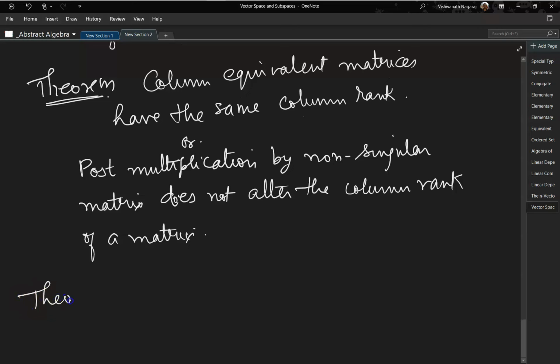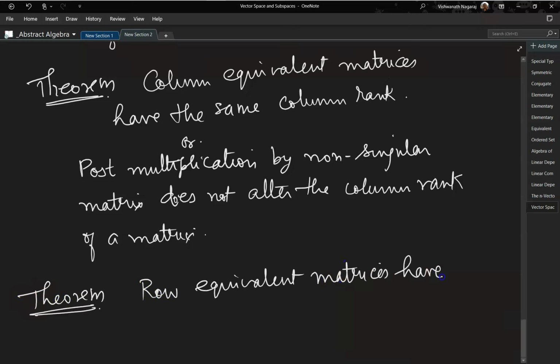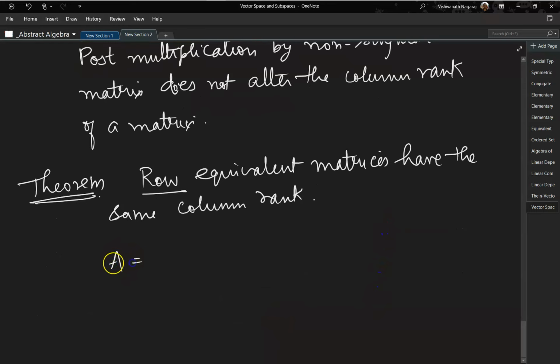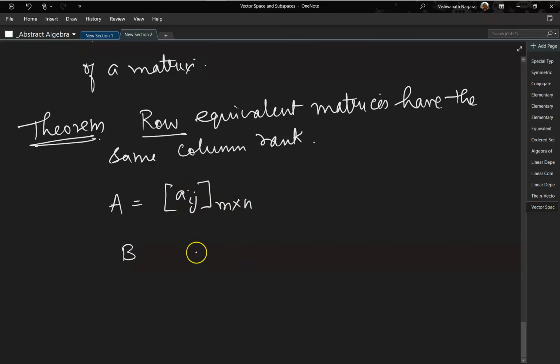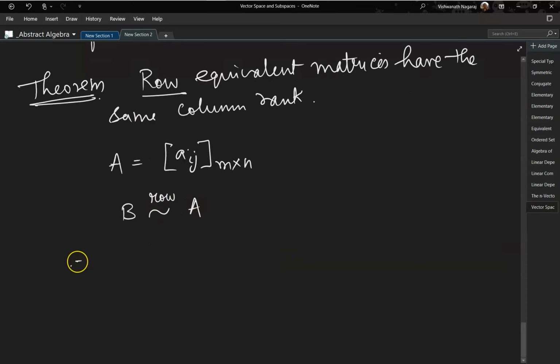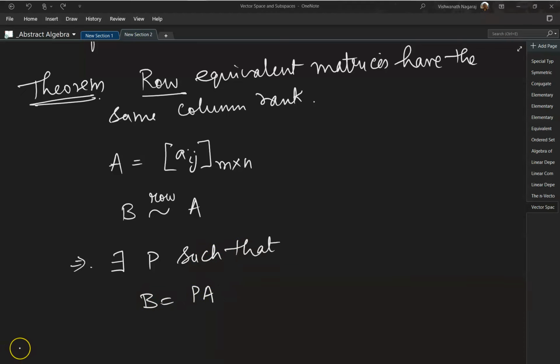Okay. The next theorem: row equivalent matrices have the same column rank. So row equivalent, same column rank. Okay, so let's prove this. A is equal to, let's say, Aij of order m by n. We are talking of row equivalent. So B row equivalent of A implies that there exists P such that B is equal to PA, since we are talking of row equivalent.